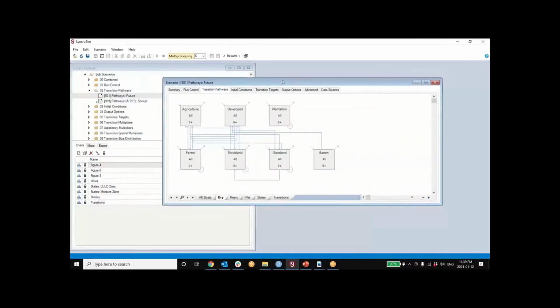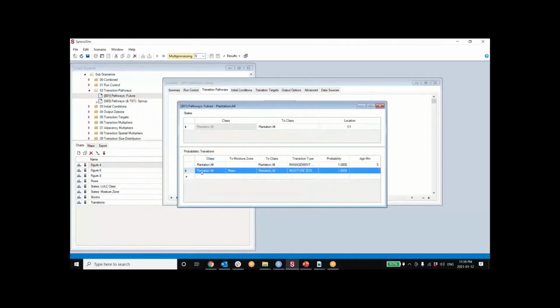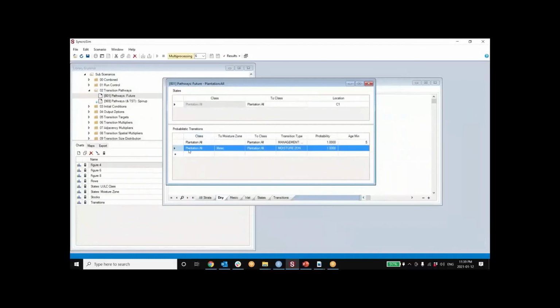This is what a transition looks like on the diagram that's going off to another strata. This is a transition coming in from another strata. This is another one going out. So that's how we visualize it. But if you go over here, you can create them here. If I actually look here, there's a transition here. It's going from this class to, I'm on the dry strata pathway diagram, and I've got a transition here.